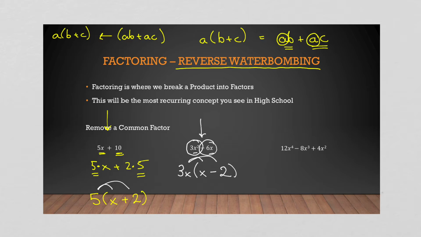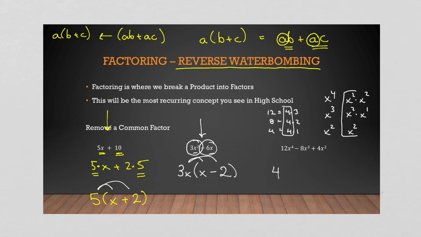Now, if we look at the last one, I'll break this one down: 12 is 4 times 3, 8 is 4 times 2, and 4 is 4 times 1, so a 4 is coming out. And then if you look at x to the power 4, x to the power 3, and x to the power of 2, all of those have an x to the power of 2 as a factor.